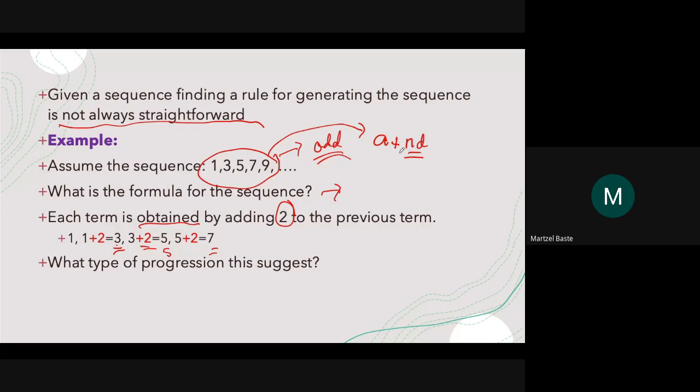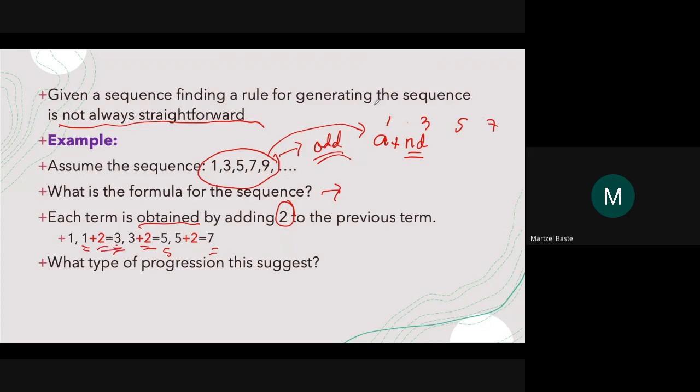So a plus nd, where your a is 1, the first term of your sequence, and your d is 2, so therefore you have 1, 3, then 5, and then 7, which is a constant value of 2.